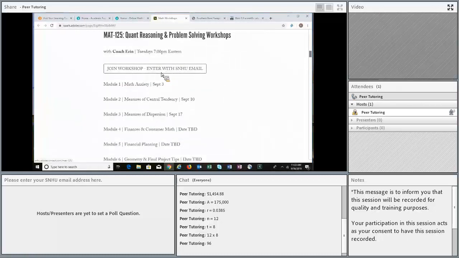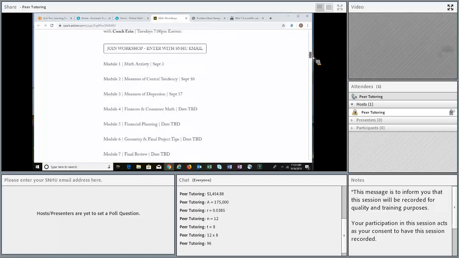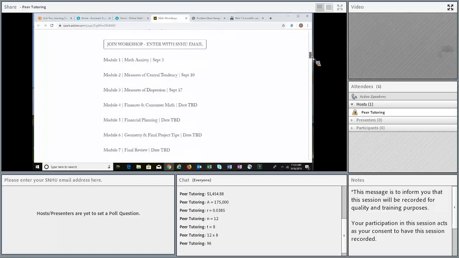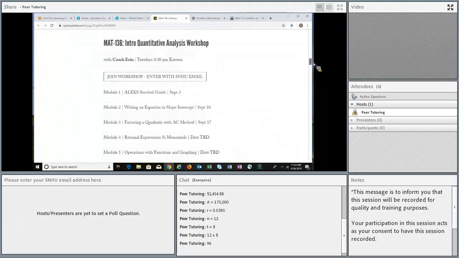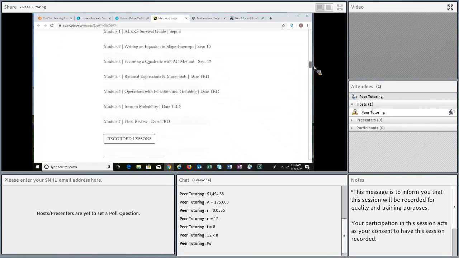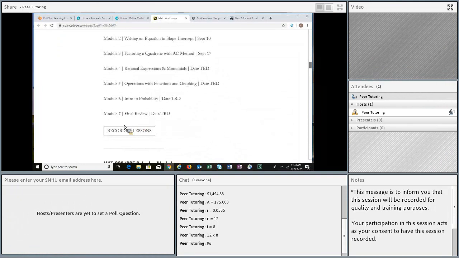So this is for you, and I'm going to go specifically to MAT-125, Quantitative Reasoning and Problem Solving Workshops. So this link right here to join the workshop, enter with your SNU email. It will give you all of the workshops labeled by module, week by week.